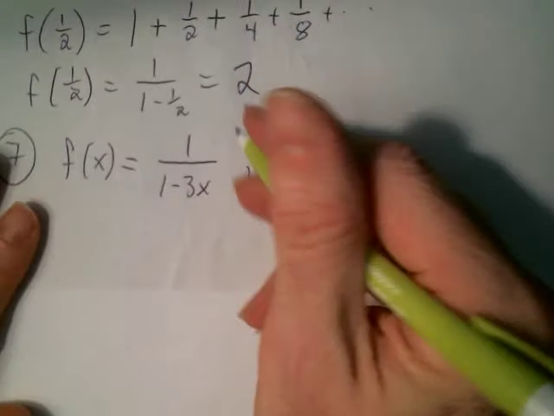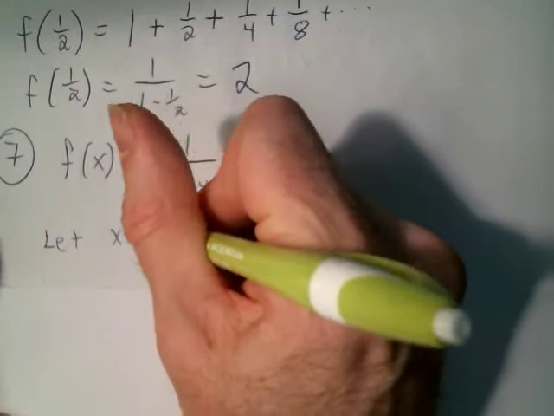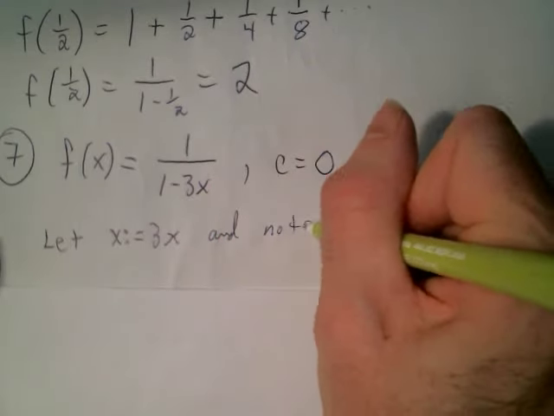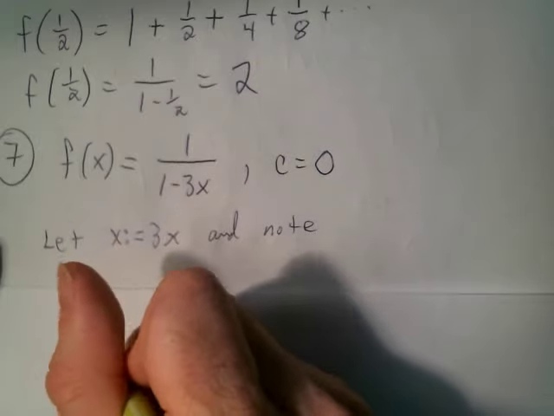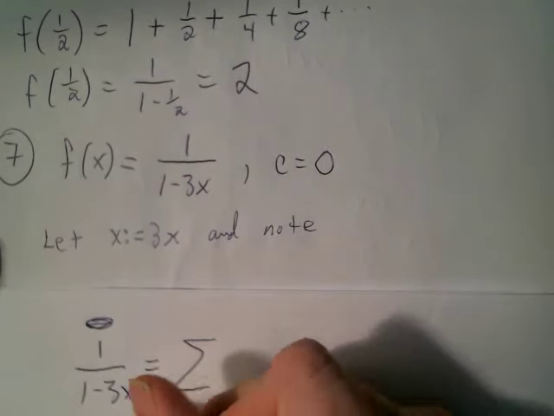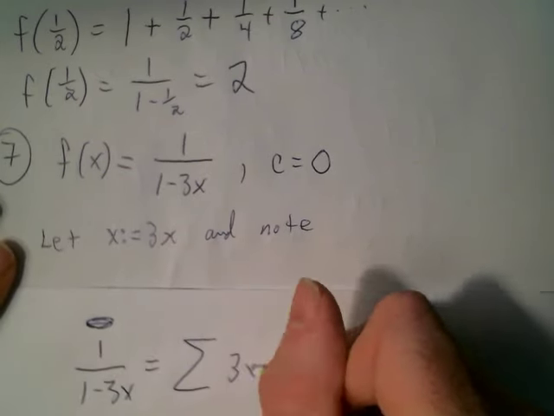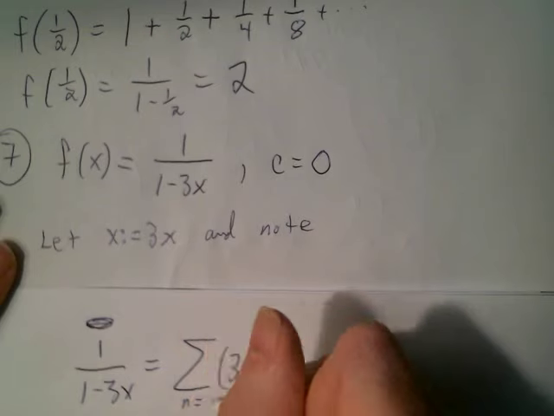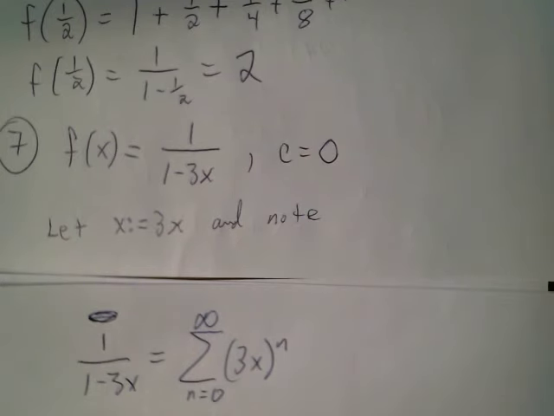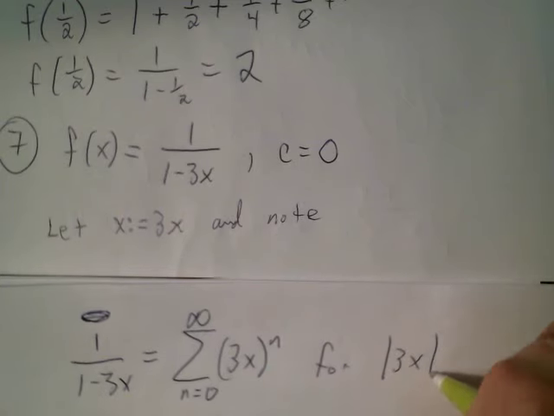So in our case, we let x be redefined as 3x, and note then the function 1 over 1 minus 3x is equal to the sum of 1. So a is 1 in this case, the number up on top, and then r is just the 3x, to the n from n equals 0 to infinity. Right? And that turns out to be our power series representation. That'll work for the absolute value of 3x less than 1.